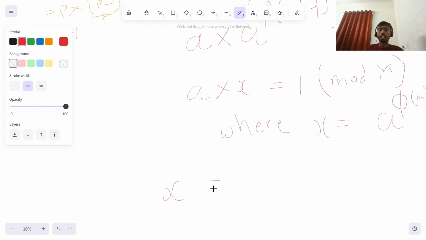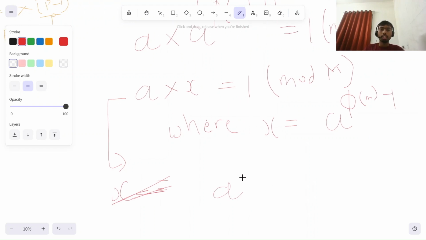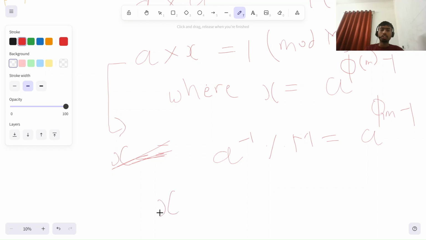In the most general form, you can write a inverse modulo m is equal to a to the power phi of m minus 1, that is, x is equal to a to the power phi of m minus 1 modulo m.